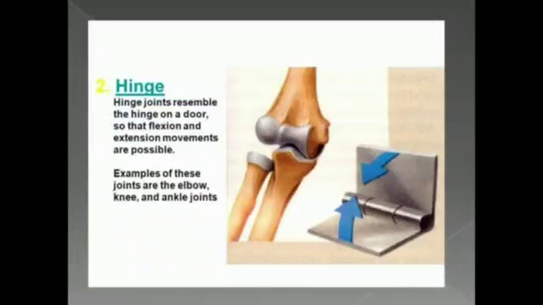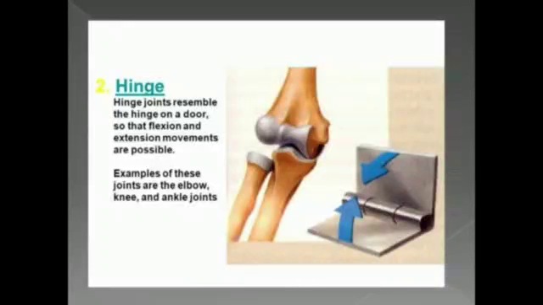Next is the hinge joint. You can see that hinge. Have you ever seen a door? The door closes at one side only. It opens and closes. We cannot open or close it in a second direction. Always we can open that door in one direction only. We can close it and open it.